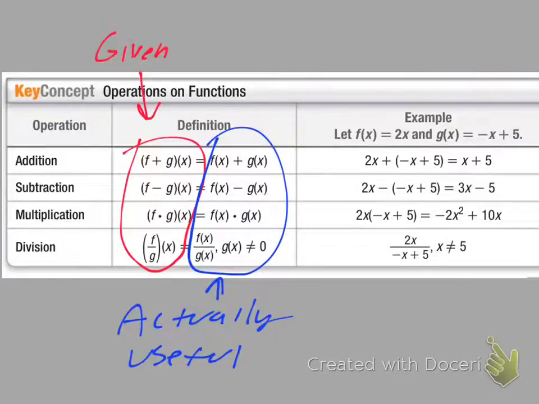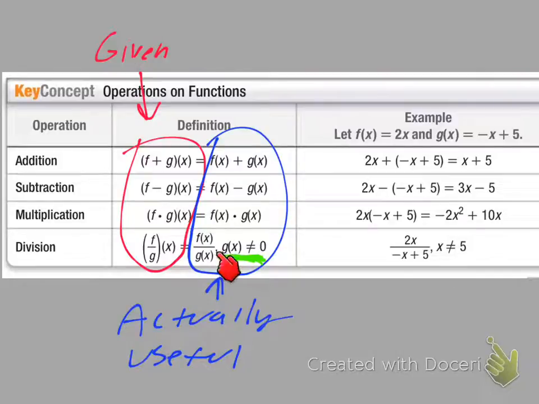Division's a little odd. Division's a little weird. I want you to make note of this part right here. Yes, that's a comma. The notation for division will be given as f over g, in parentheses, of x, circled in red there.